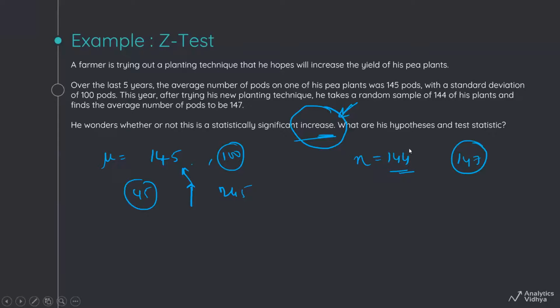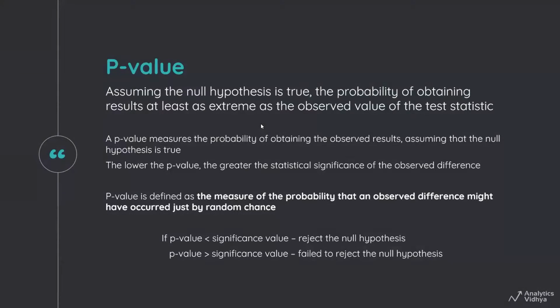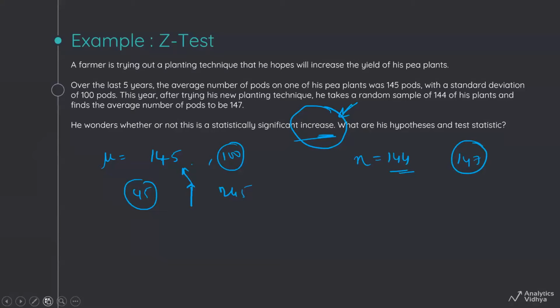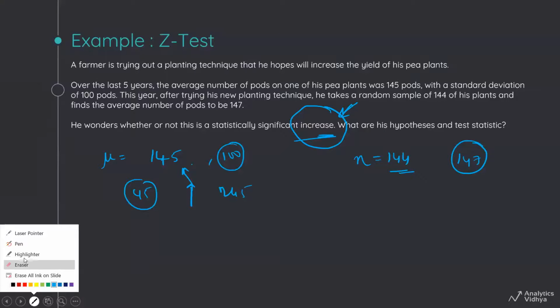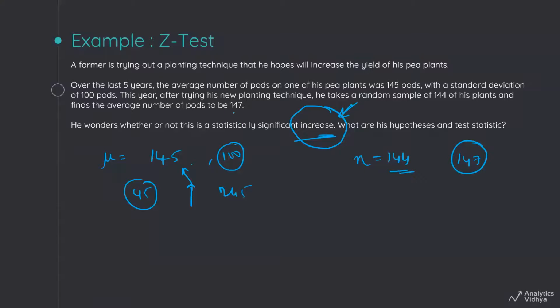Now in this case, what are his hypotheses and the test statistic? Can he rely on what he found based on 144 samples, that instead of 145 pots, he has on average found 147 pots?